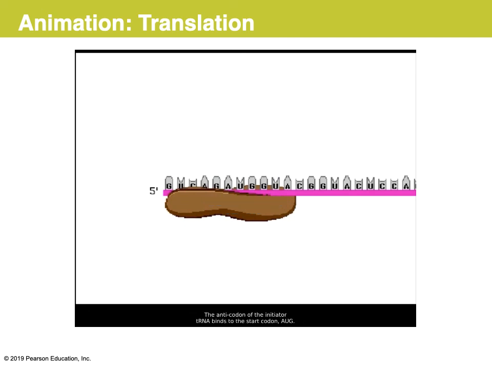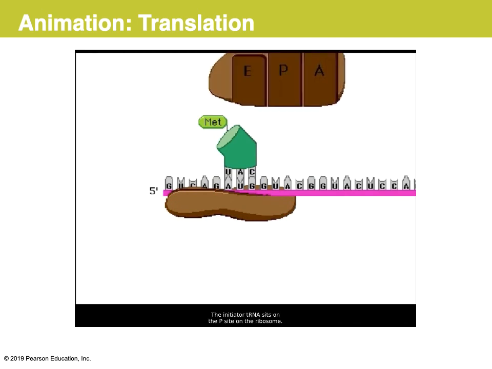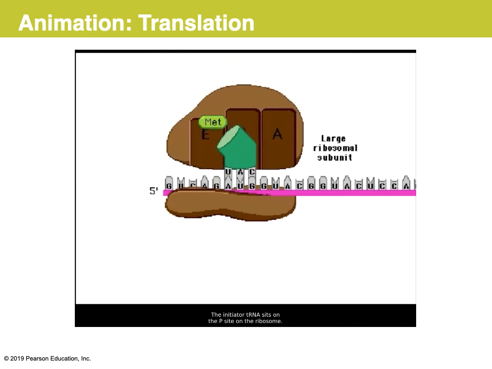The anticodon of the initiator tRNA binds to the start codon, AUG. The initiator tRNA always bears the amino acid methionine. Proteins called initiation factors help bring the mRNA, the initiator tRNA, and the small ribosomal subunit together with the large ribosomal subunit to form an initiation complex. The initiator tRNA sits on the P site on the ribosome.